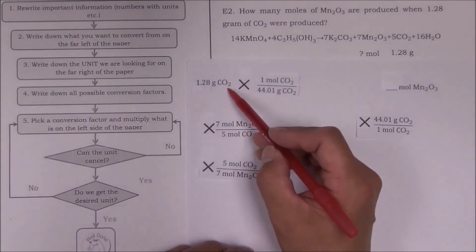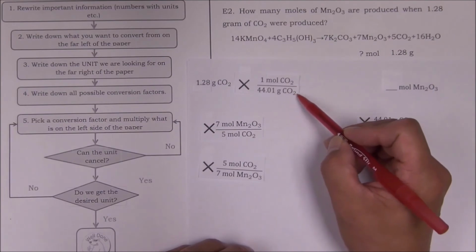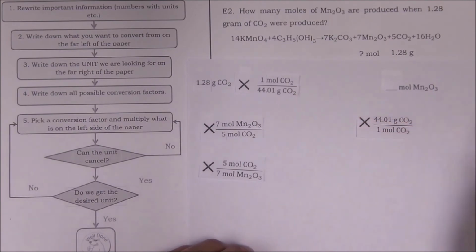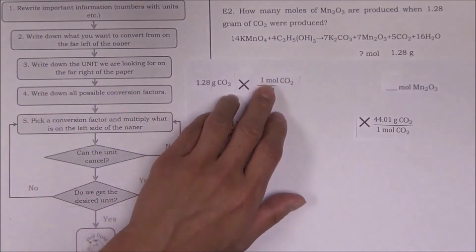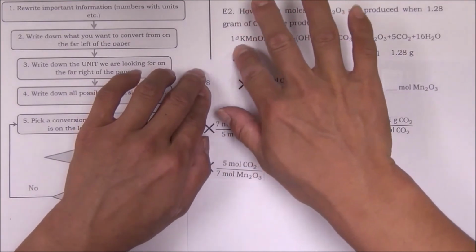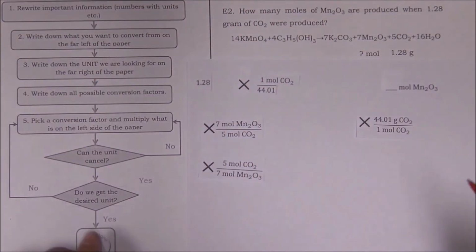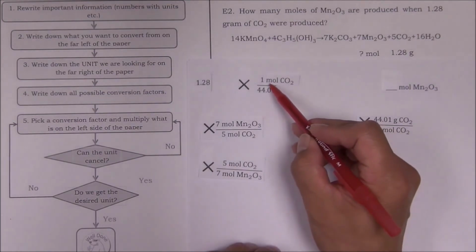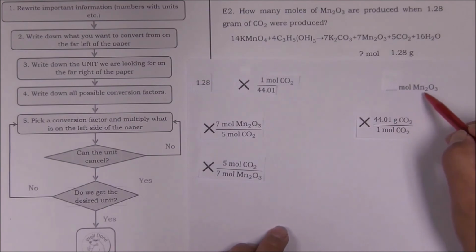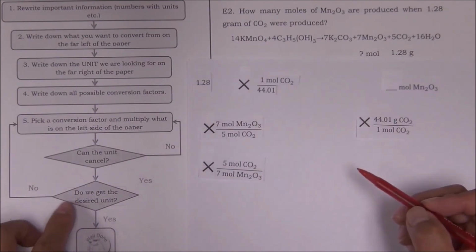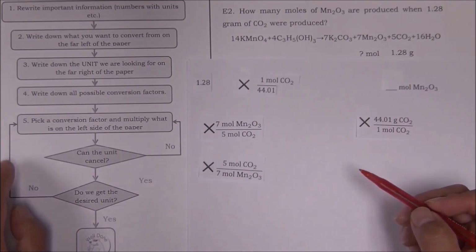Gram carbon dioxide as the numerator, gram of carbon dioxide as the denominator. They will cancel according to mathematical rules. Do we get the desired unit? The unit we have left is mole carbon dioxide, and the unit we are looking for is mole of Mn2O3. The answer is no.